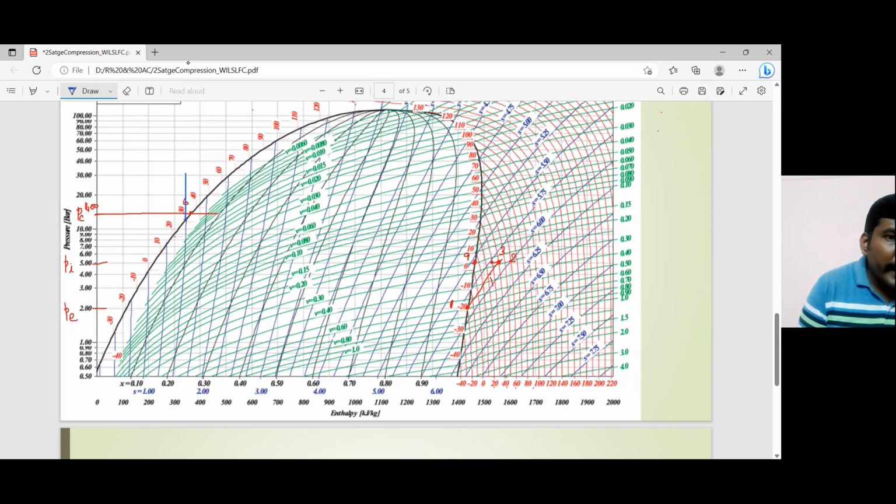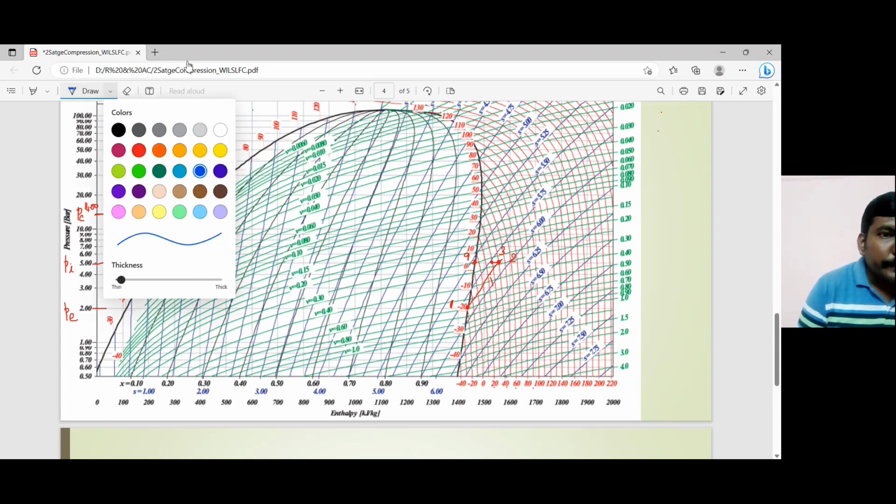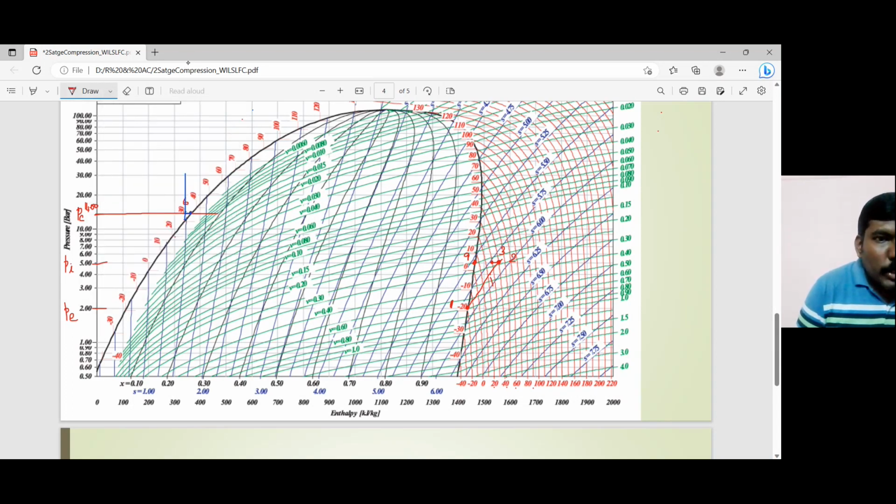From 6 to the 30 degree centigrade line, this is going to be my point 7. So this point over here is my 7. Then from 7, I have to drop a perpendicular. This is not a perpendicular, I'm sorry.